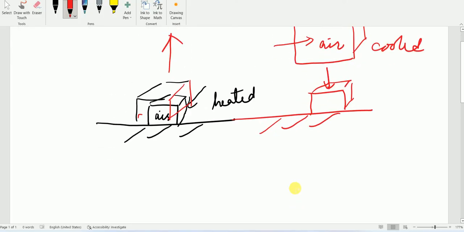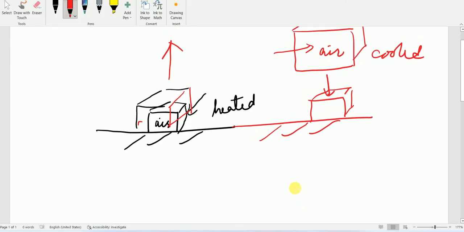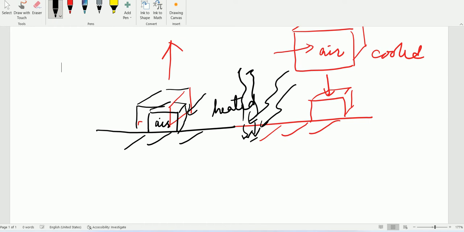Let us say this is the surface of the earth, heated by the sunlight, which is absorbed. Because of the heated earth, the air here will be expanded and will rise upwards. And when it rises upward, there will be cloud formation and rainfall.